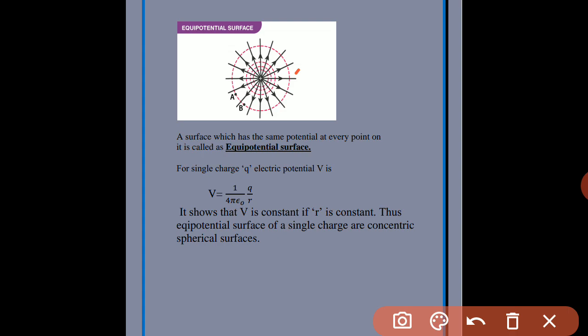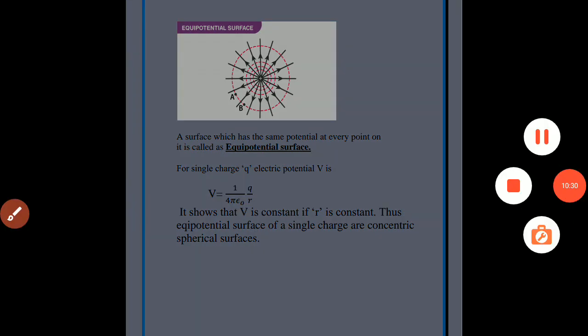For all 4 circles there is only one common center, that is the plus charge at the common center. Origin is common for all the 4 circles, and such circles are called concentric circles, right? For a point charge, equipotential surfaces are concentric spherical surfaces. Clear? So that is an equipotential surface.